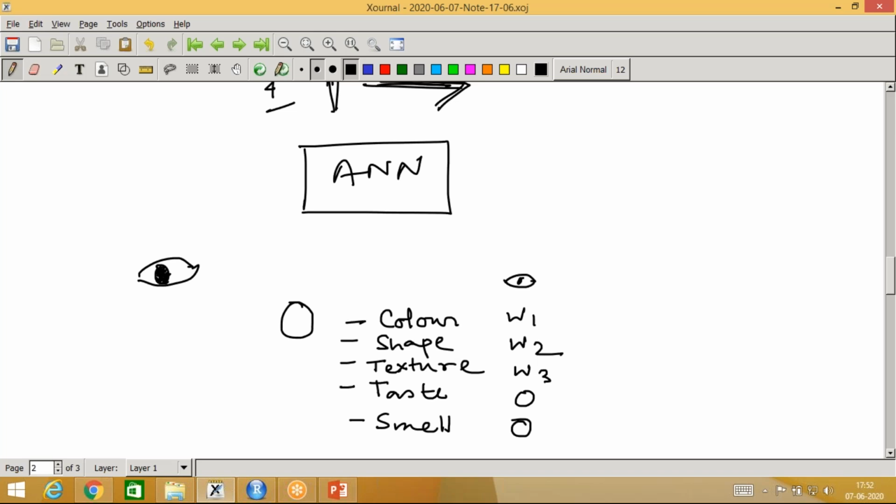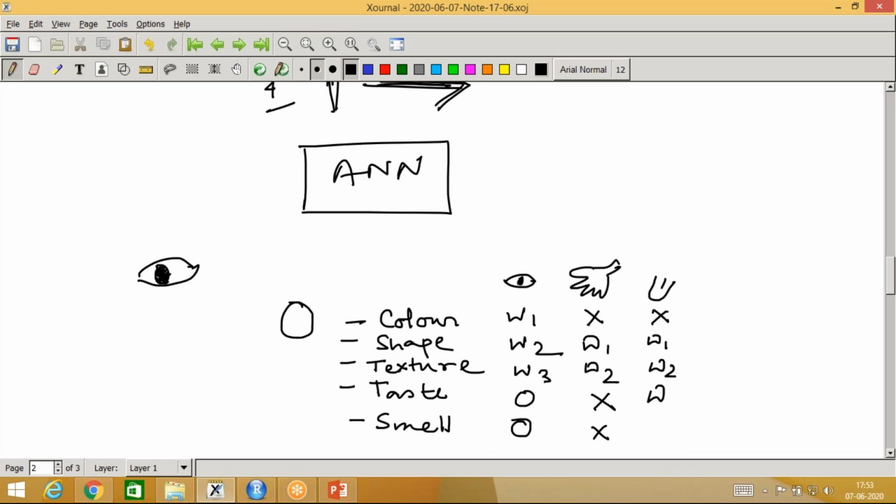This is my eye's response. When I touch it, I cannot see color. I can get some weightage of shape. I can get some weightage of texture. I cannot get taste. I cannot get smell. When I taste it, I don't know color. Probably I have very little idea about the shape. I have some idea about the texture.